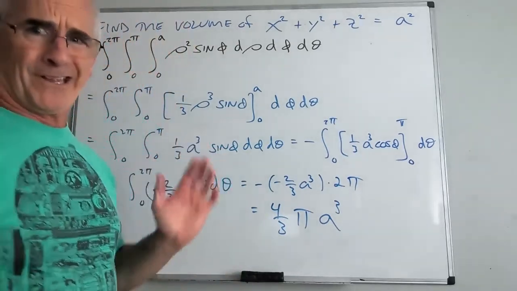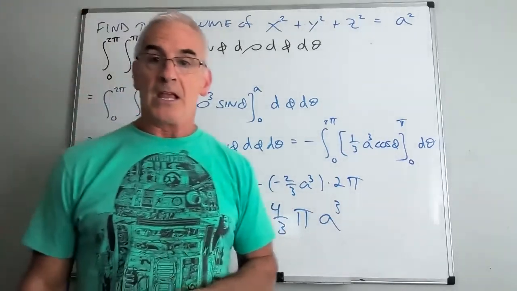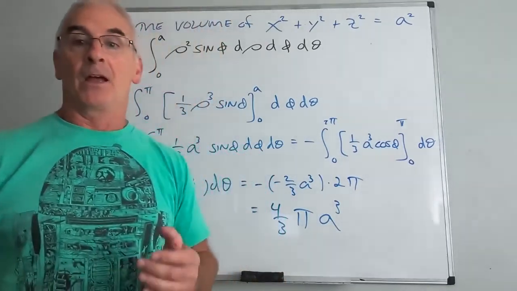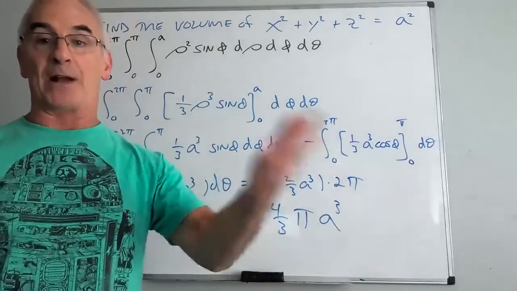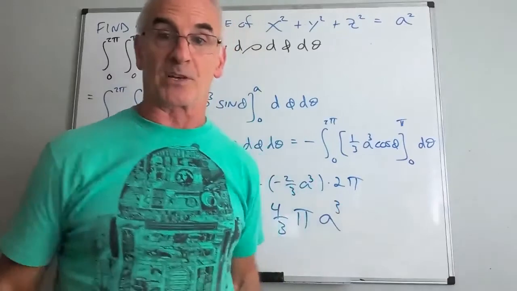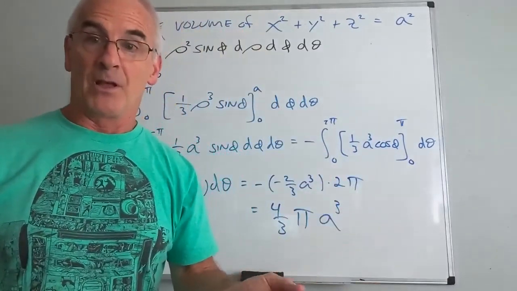So why would I ever use spherical coordinates? You would use spherical coordinates if your integrand was some version of x squared plus y squared plus z squared, perhaps raised to a power. So maybe that's my density, or maybe I have the square root of x squared plus y squared plus z squared.